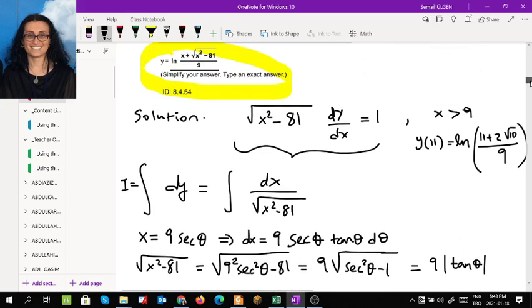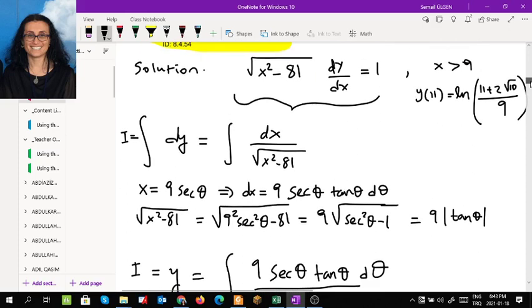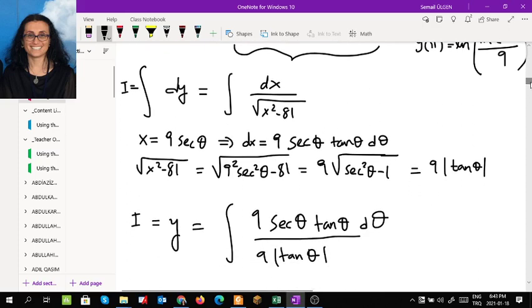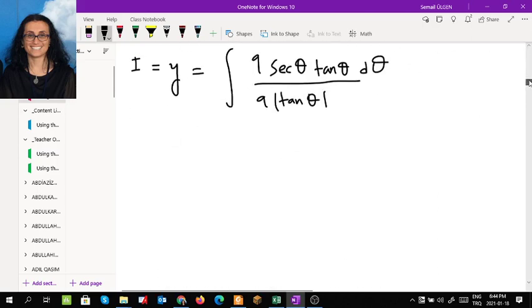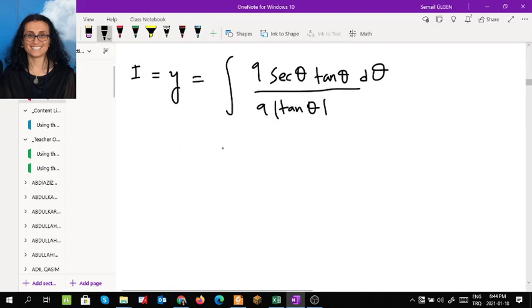since x is greater than 9, this means secant theta is positive, cosine theta is positive. Let me go back and draw the picture of the triangle, so we'll be able to easily simplify these.